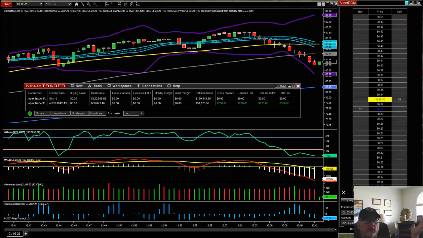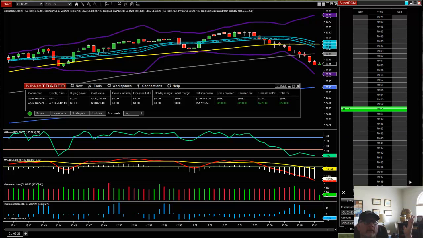Remember, on that target we're looking for is 80.08. Okay, that's the 3P target, perhaps. Yeah, that's the 3P target. Should be around 79.54.